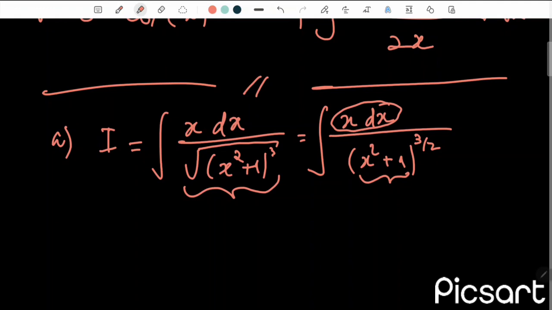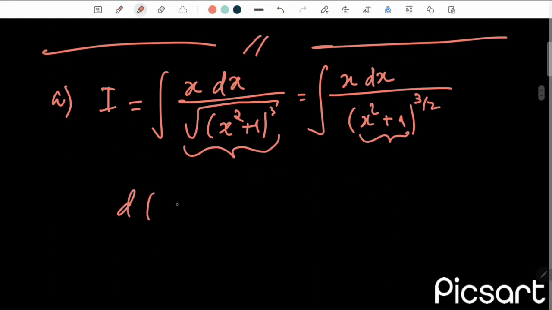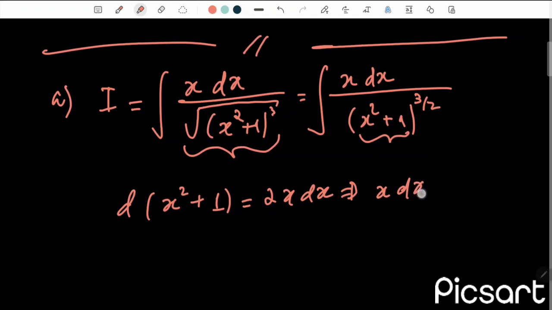This is the derivative of x squared plus 1, it's equal to 2x dx, so that here we can write x dx as d of (x squared plus 1) over 2.